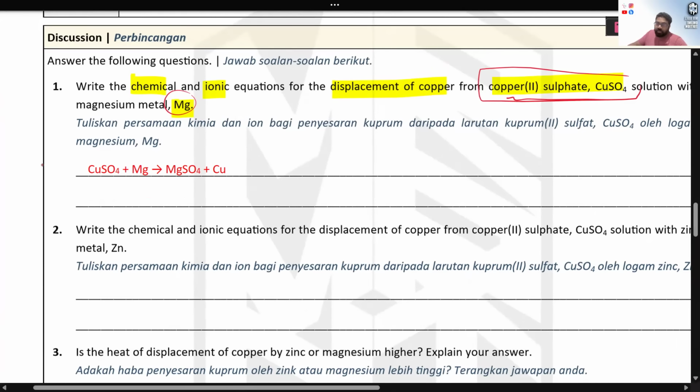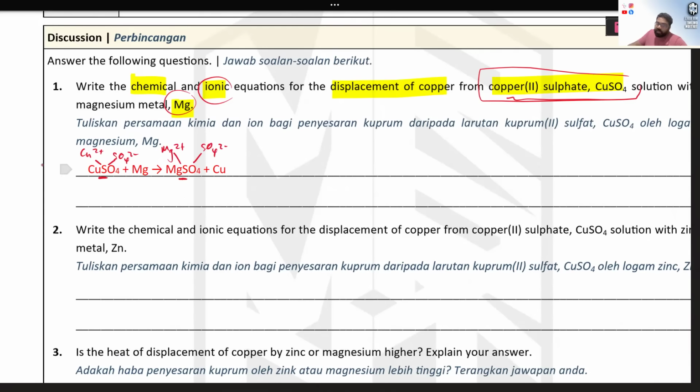Next, the ionic equation. Which are the spectator ions here? Copper(II) sulfate and magnesium sulfate are aqueous solutions. Before the reaction, we have the copper(II) ion and the sulfate ion. After the reaction, we have the magnesium ion and the sulfate ion.